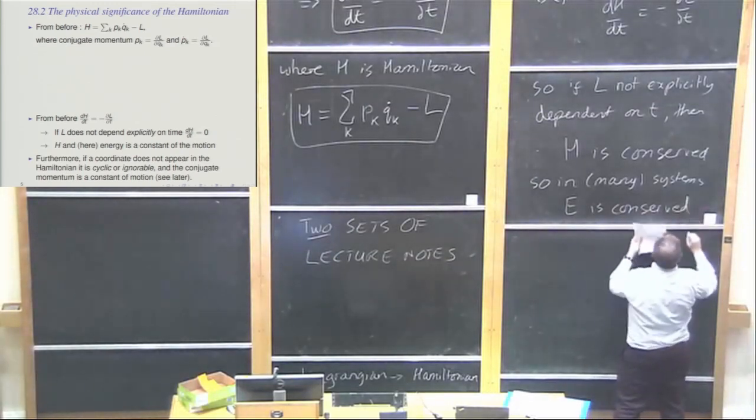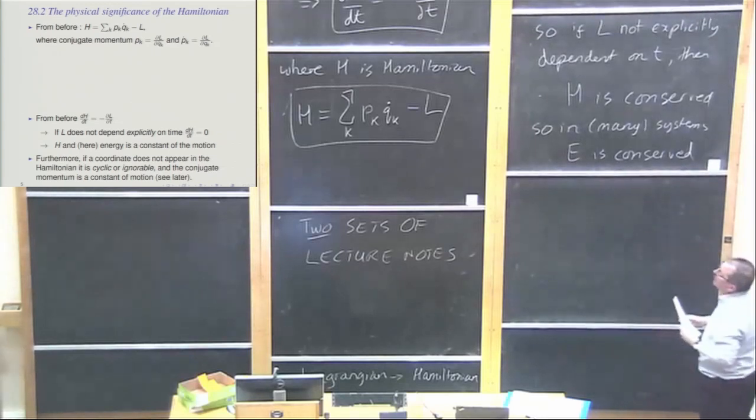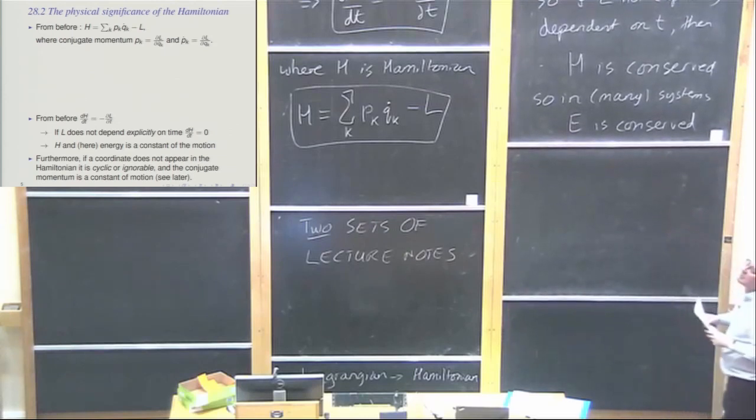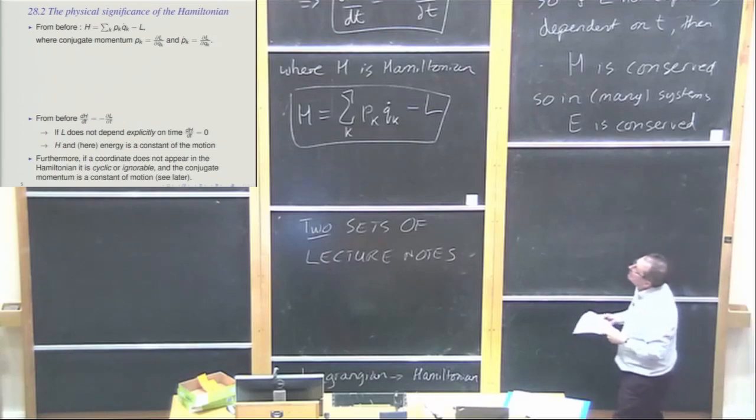So you see, this is rather elegant: we can look at the form of the Lagrangian, and from the Hamiltonian mechanics we can deduce conservation of energy from how this Lagrangian looks.